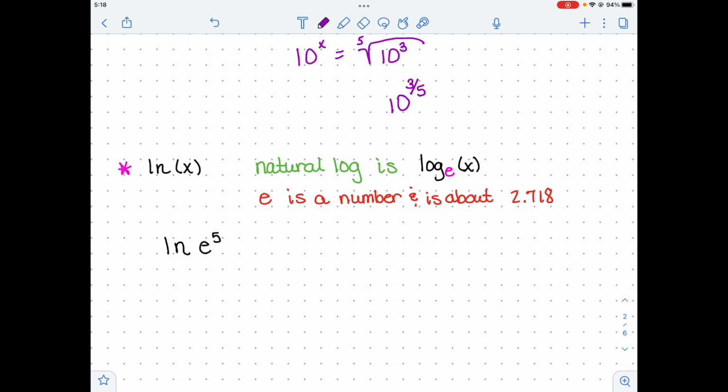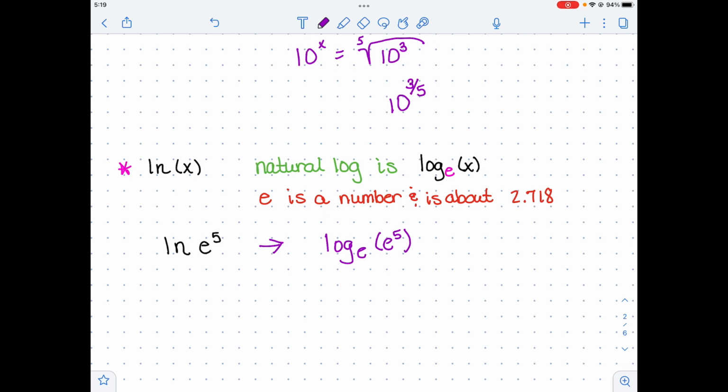So when we're solving problems like this, natural log, the base is not seen, so we know its base is e. So we could rewrite this as log base e of e to the fifth.